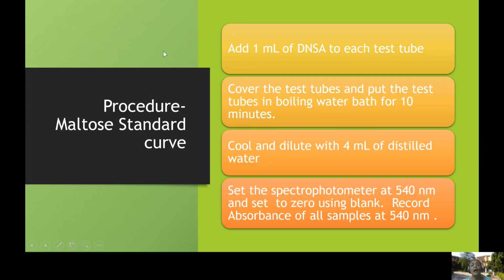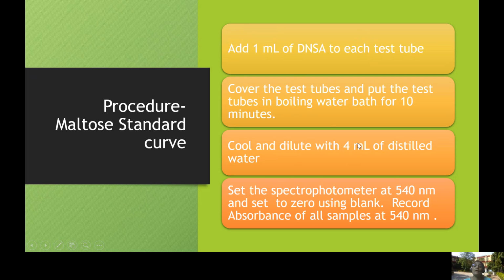Okay. After that is done, you have to add 1 ml of DNSA. You have to cover the test tubes and heat them in a boiling water bath for 10 minutes. Okay? After boiling for 10 minutes, you have to cool and dilute with 4 ml water.